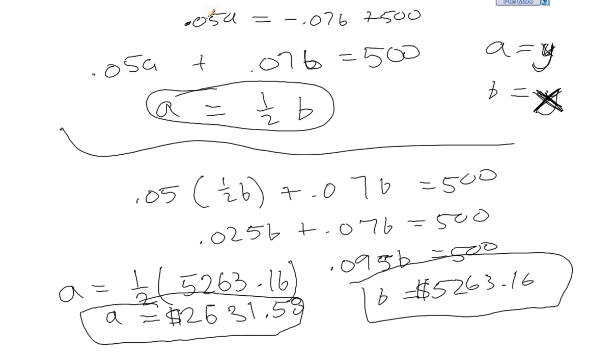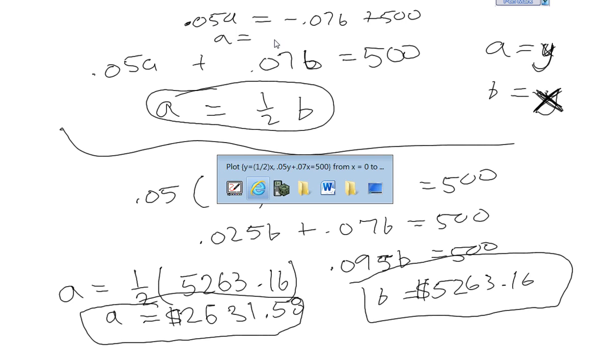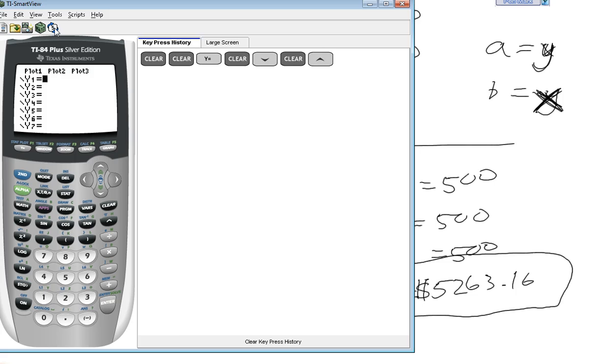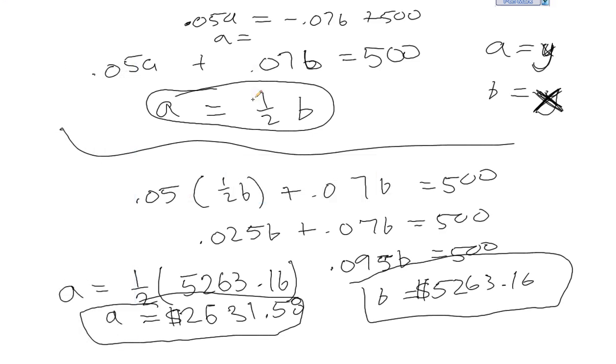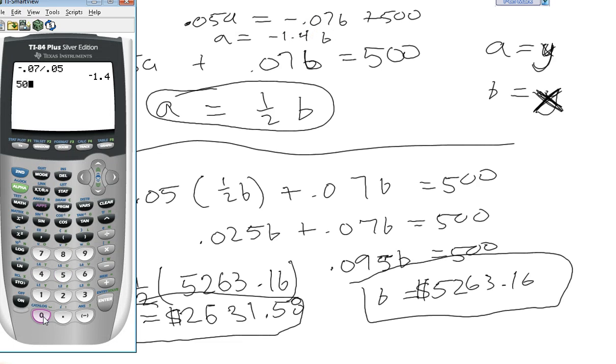So subtract away the 0.07, divide by 0.05 would give me a is equal to negative 0.07 divided by 0.05, which is negative 1.4b, and then 500 divided by 0.05 would give me 10,000.